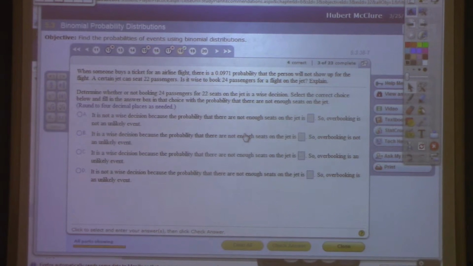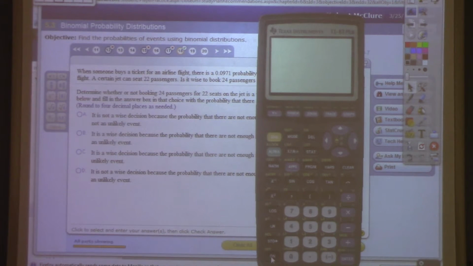So take your handy dandy calculator. And let's do second function, enter, second function, enter, second function, enter. There we go. So 22. And what is it? Point what?